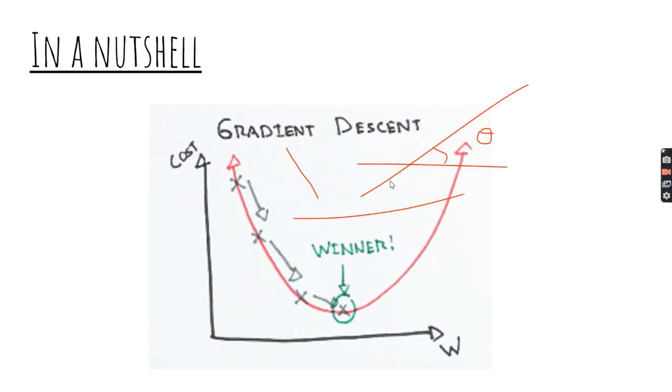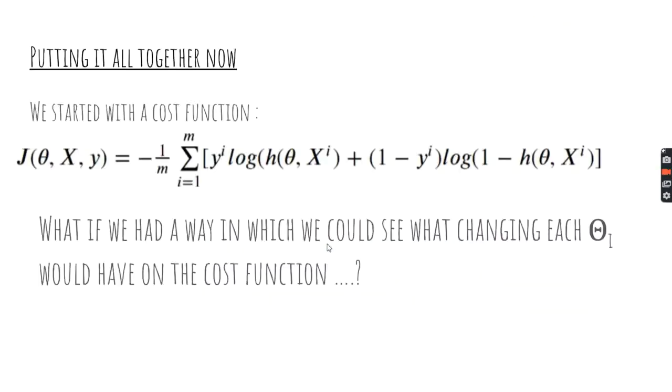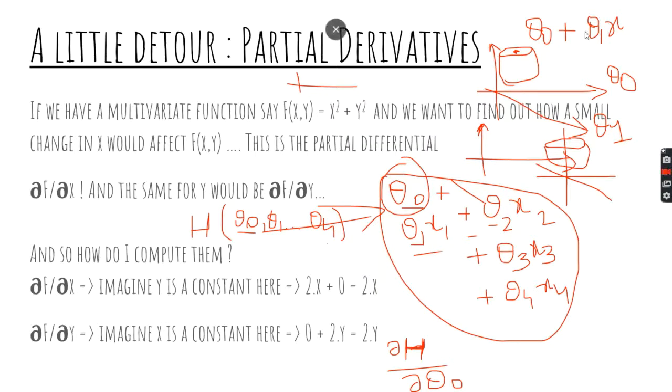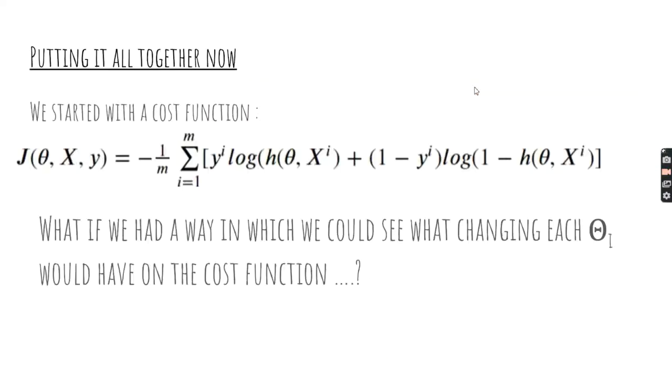The slope has only one direction. So it's pretty obvious that there can only be one kind of slope for this case. But here you can have a slope in x, a slope in y, and what that means is you are making that little change in x or y. That's your partial derivatives. Now how do we use this?